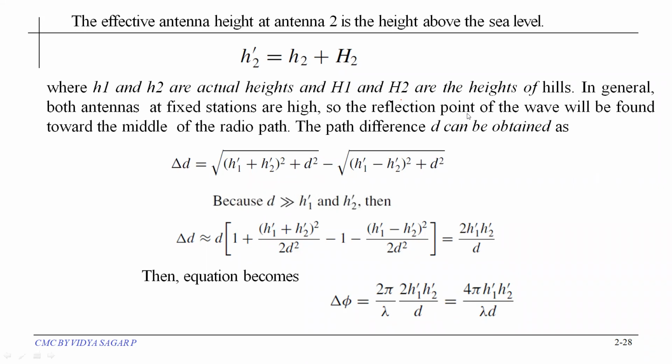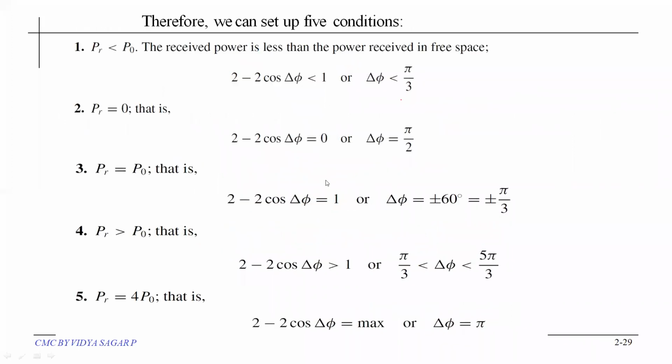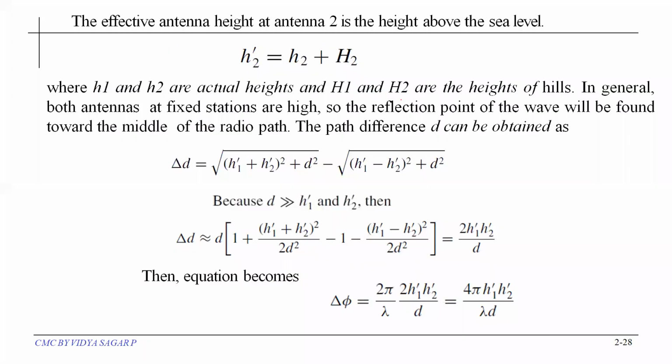Finally, the equation becomes 2 h1 dash h2 dash by d. Delta phi is equal to 4 pi h1 dash h2 dash by lambda d. Yes, sorry, lambda d.